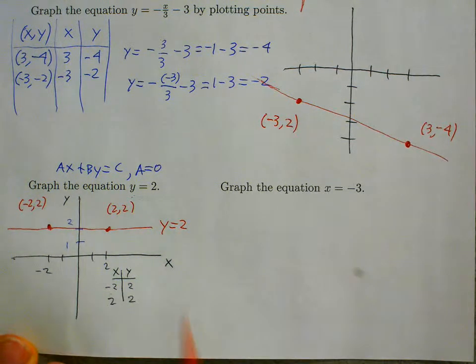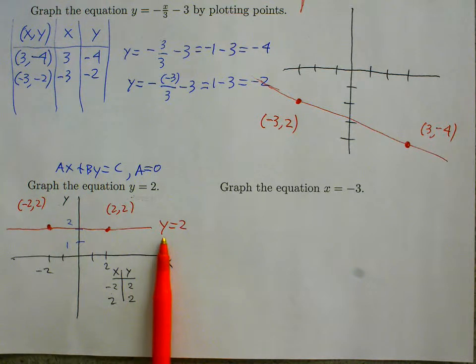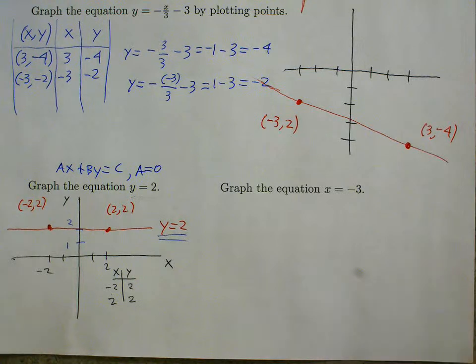So the line y equals 2 in the xy plane is horizontal. The y coordinate of every point on that line is 2. So the equation y equals 2 basically tells us that it's a horizontal line. Every y coordinate is 2.